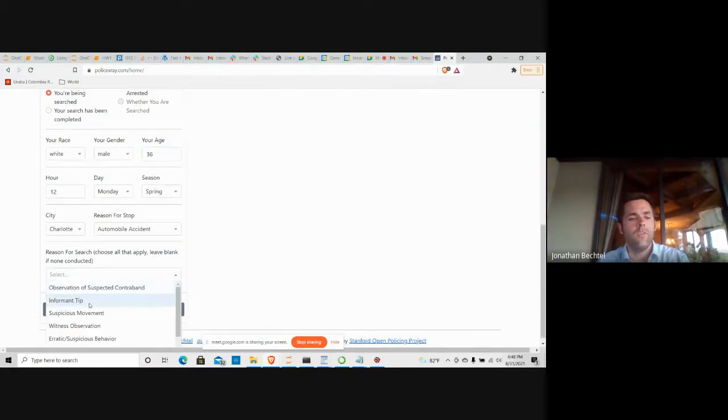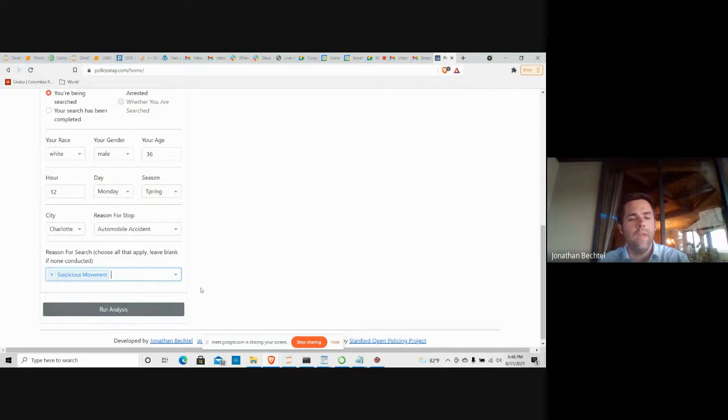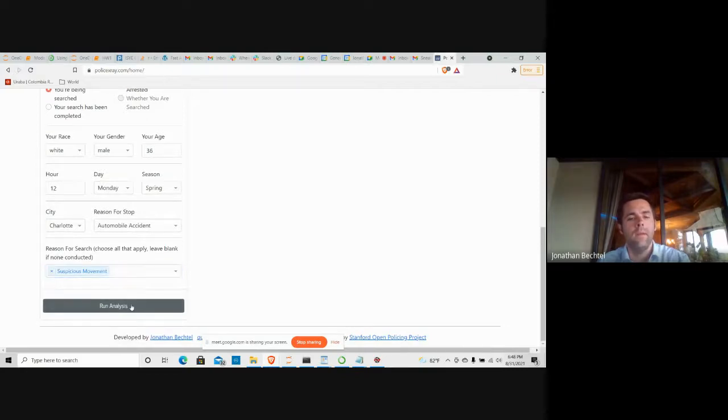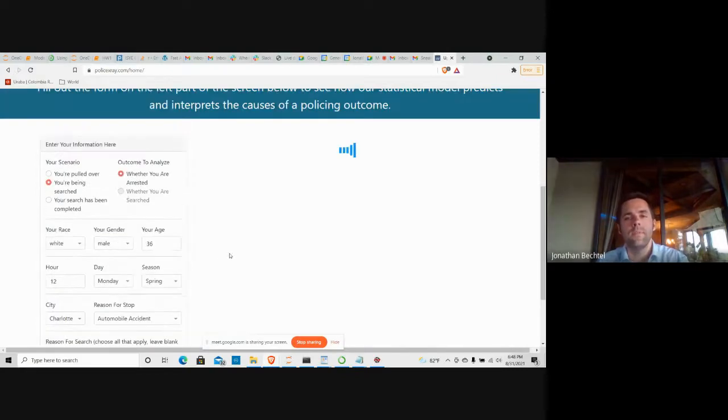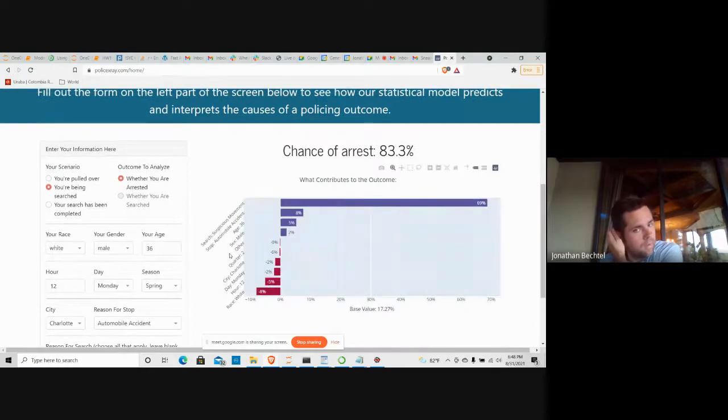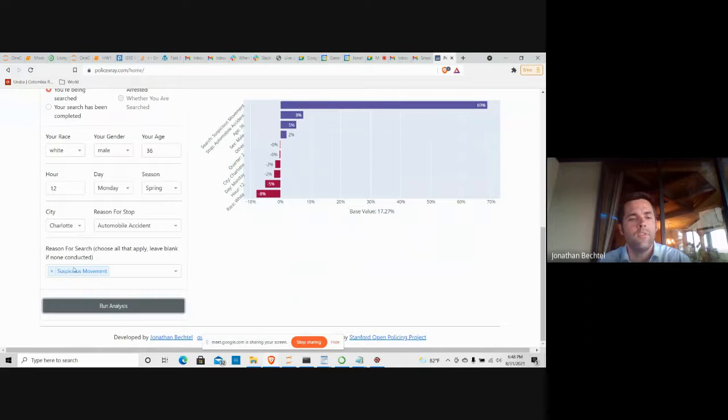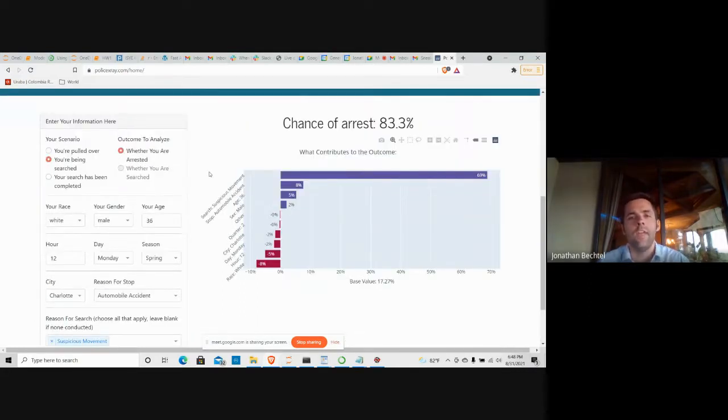If you are searched, you can put why it happened, and then go ahead and run analysis. And so here, if you get pulled over for suspicious movement under these circumstances, your chances actually look pretty grim for getting arrested.